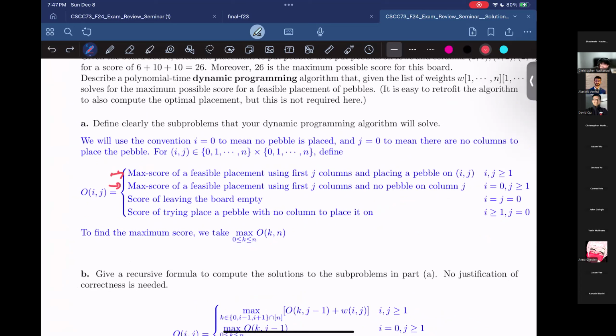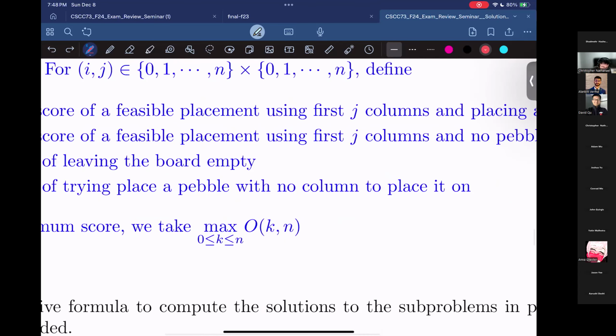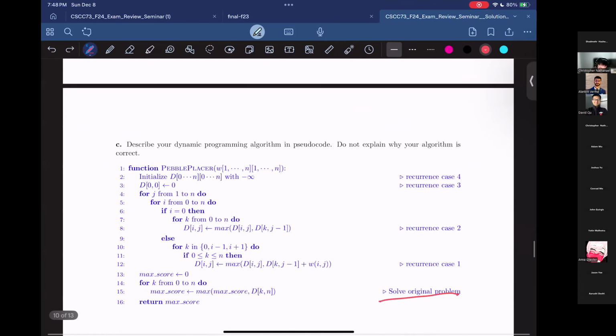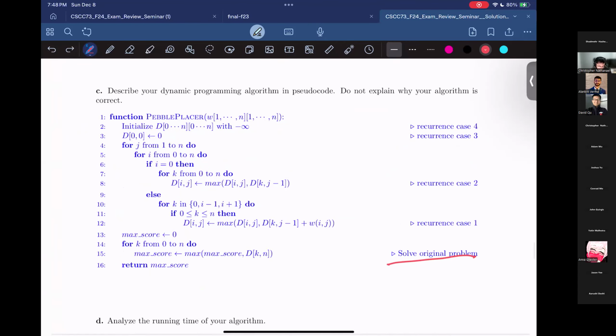We made sure we use all the columns in n. Then we iterate through all the possibilities for the last column. Then take the maximum of those. So it starts from 0, where the last column has no pebbles at all. Then from 1 to n, placing pebbles on rows 1 until n, respectively. So that's how to get the final answer.